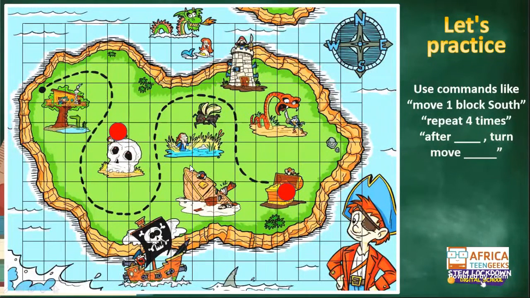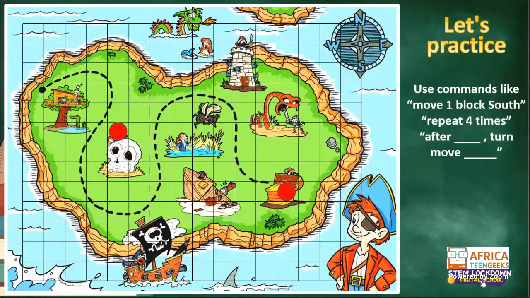We will turn, but we have to turn slowly. Then we can go to the treasure. You are right. How many blocks will we go before we turn? One. With me. 1, 2, 3, and stop at 3.